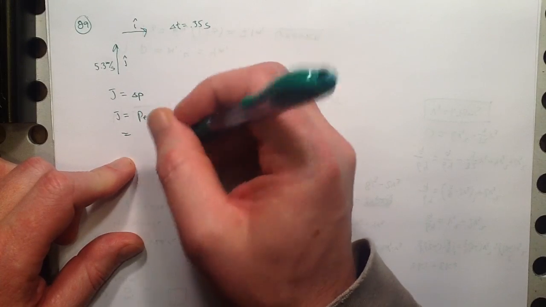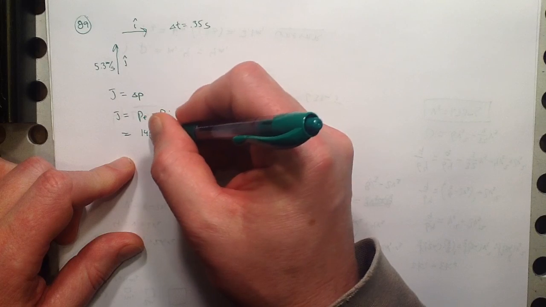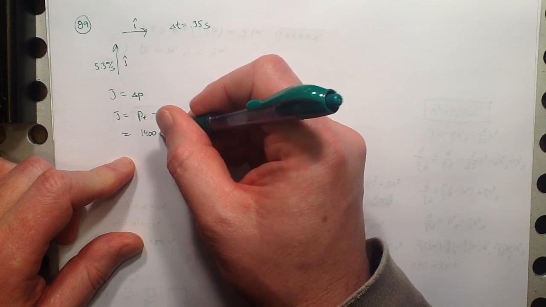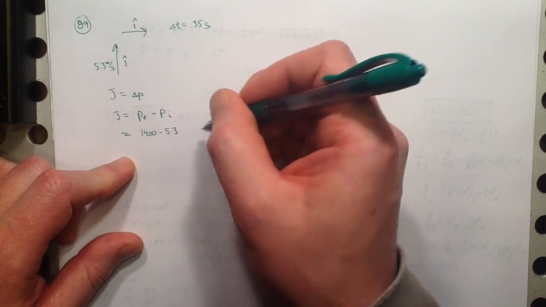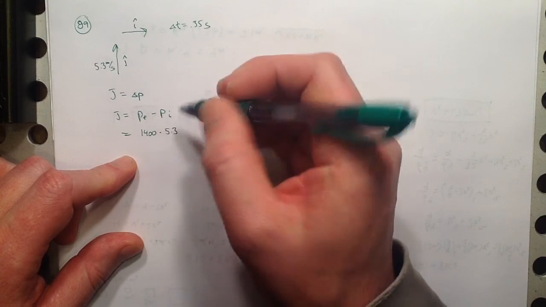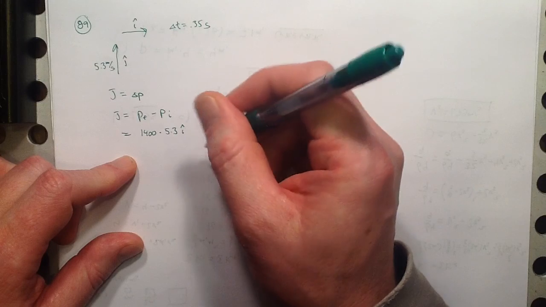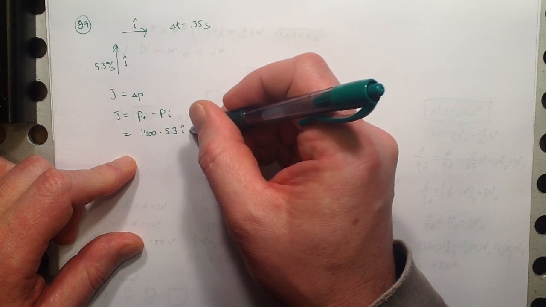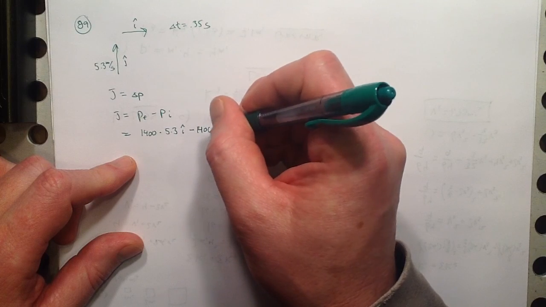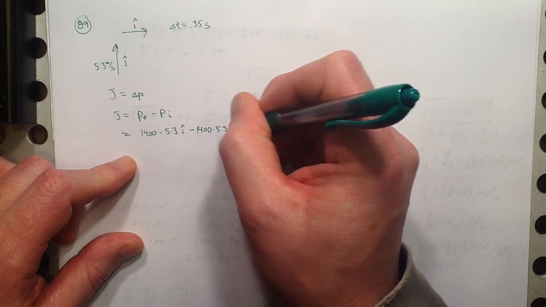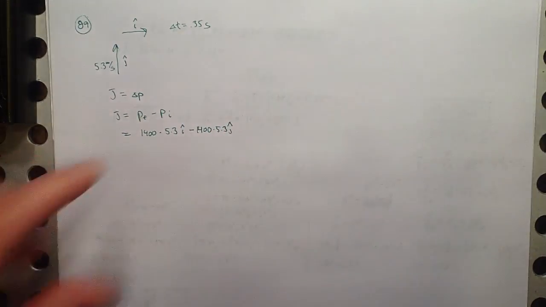So the final momentum is the mass times the velocity, and final, it's in the i direction, minus the initial, which is the same value, but in the positive j direction.